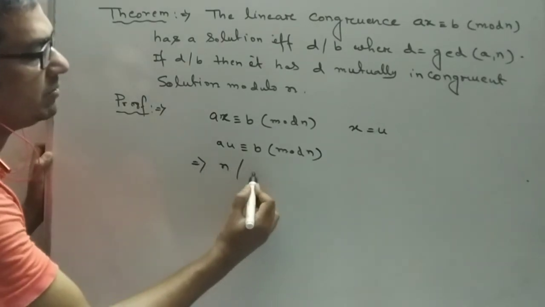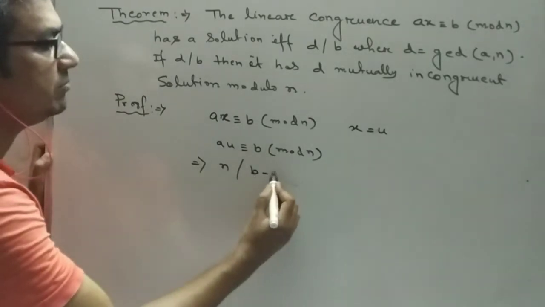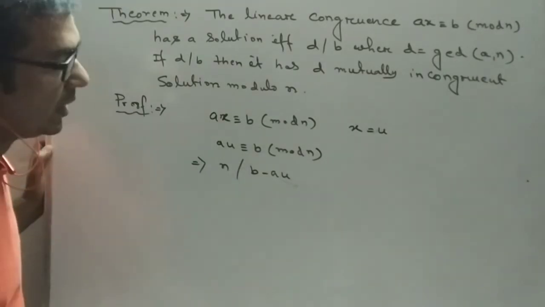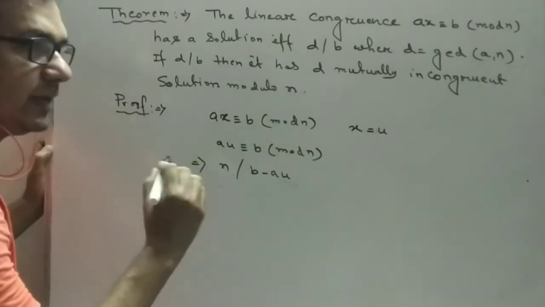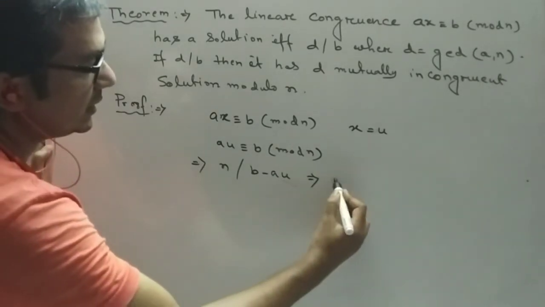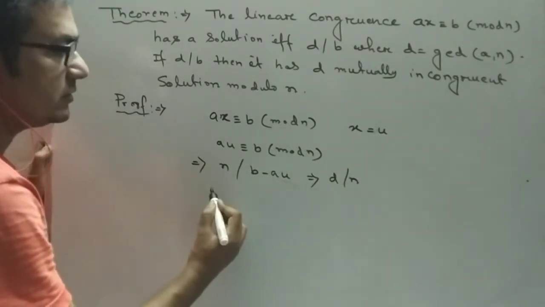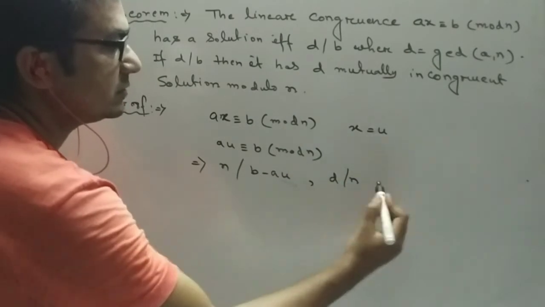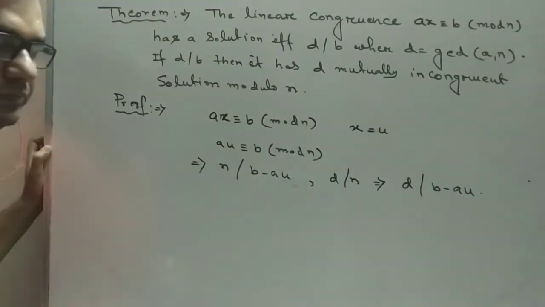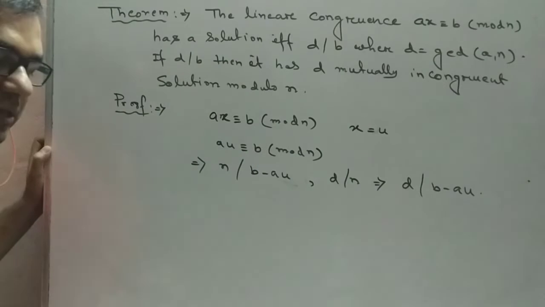This implies n divides AU minus B, or B minus AU, similarly. And since D divides n, we can write D divides B minus AU, right? n divides this and D divides n, so D divides B minus AU.